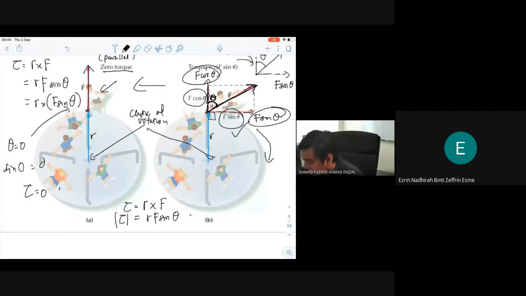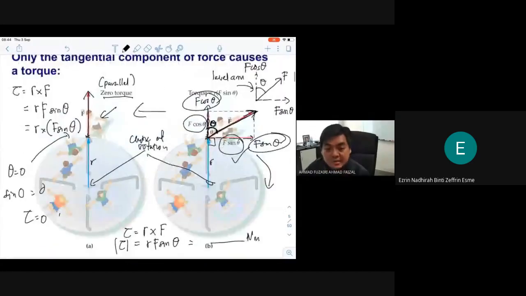So we can find its value, RF sine theta, in Newton meter without thinking about directions. That's why we need to understand that this torque has magnitude and directions. Ada soalan tak?